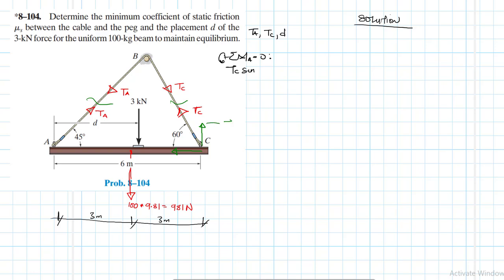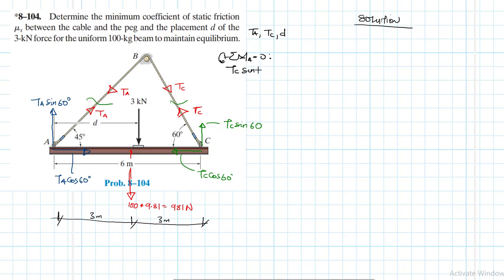This component is TC sine 60, then this one is TC cos 60. TA also has components here: this one is TA sine 60, then this one is TA cos 60.